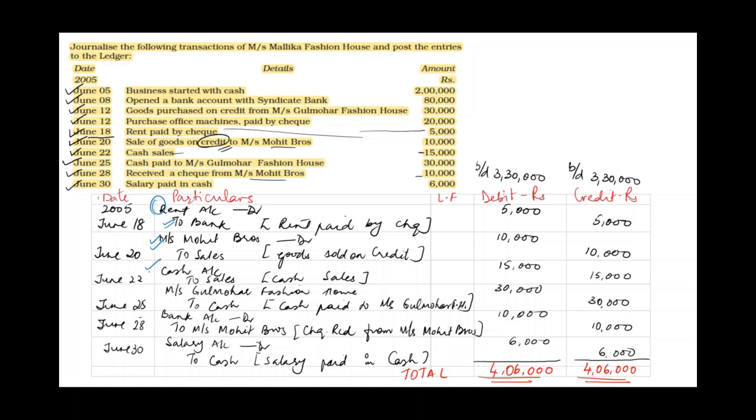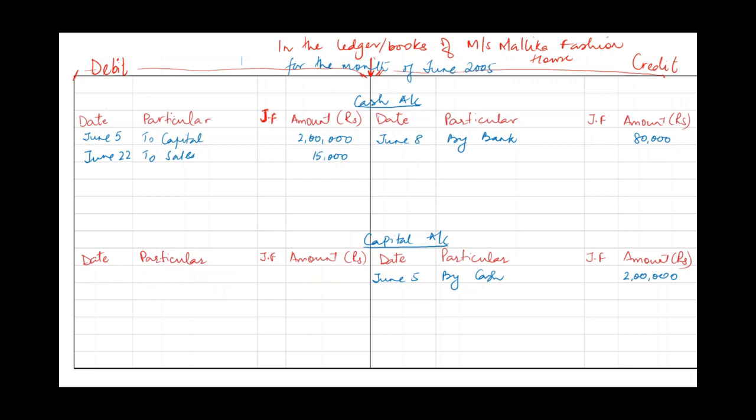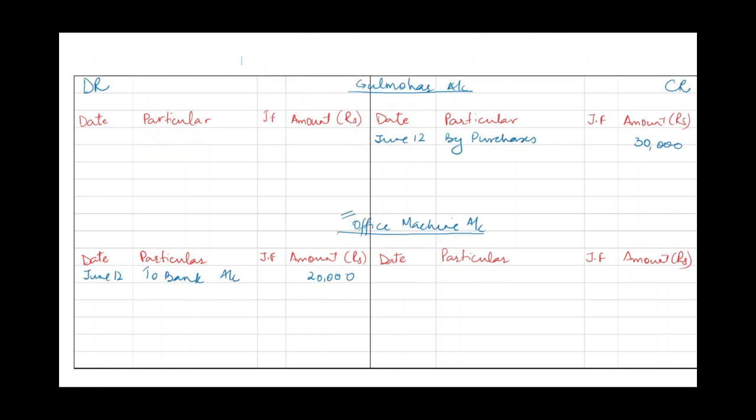This is done. I go to Mrs. Gulmohar Fashion House to cash on June 25th. That means I have paid him 30,000. So the account getting affected is cash. I have paid, so I'll debit Mrs. Gulmohar first because I'm paying him. The date is June 25th to cash.